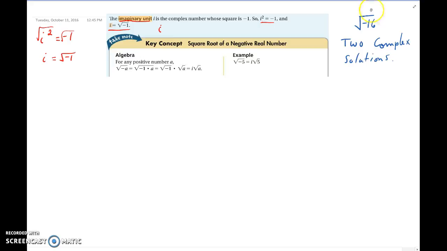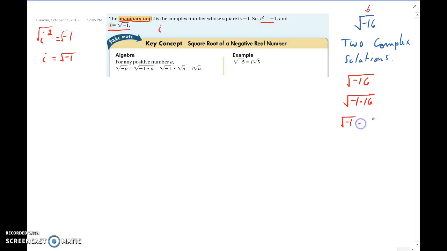All right, so i is equal to the square root of negative 1, and i squared is equal to negative 1. So if we take this problem here and we want to solve for what this is equal to, we can now continue this because of complex or imaginary numbers. So we can take the square root of negative 16. The way that I want you to do this is rewrite it as negative 1 times 16, so we're separating the negative from the number. And now, remember, we can separate these into two separate radicals.